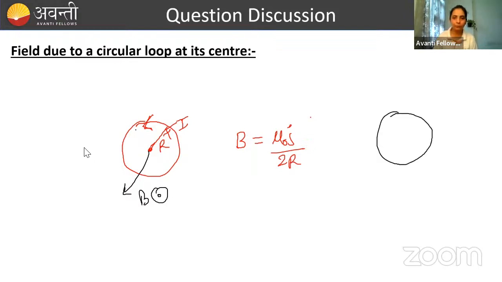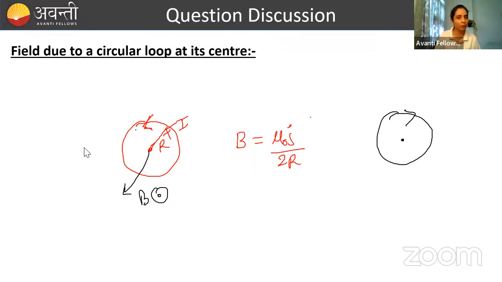Similarly, if we have a coil like this and current is flowing in this sense, and you are asked what will be the direction of magnetic field at the center, you will curl your four fingers of which hand? Right hand. So take the right hand, take the four fingers, and curl them in the direction of current.